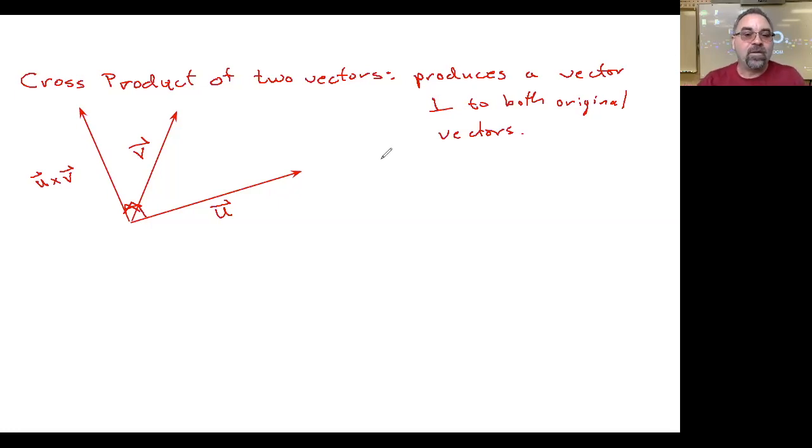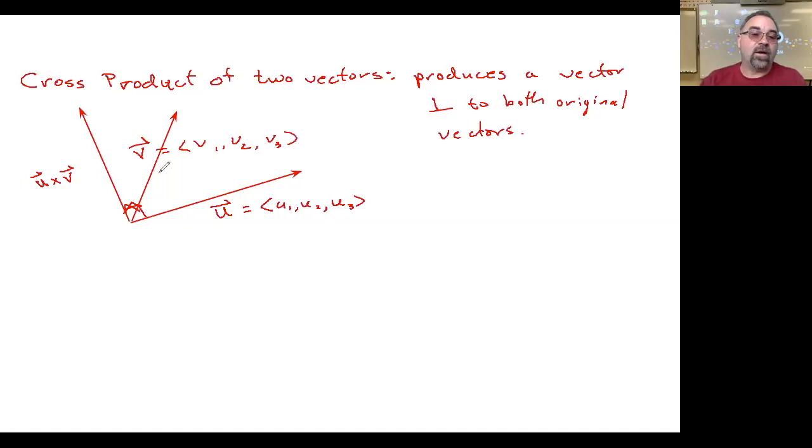So because we're now moving into three-dimensional space, v vector and u vector are going to be like u1, u2, and u3, and v vector is going to be like v1, v2, and v3.